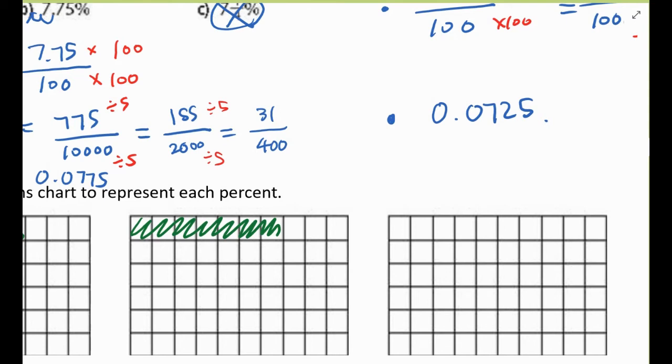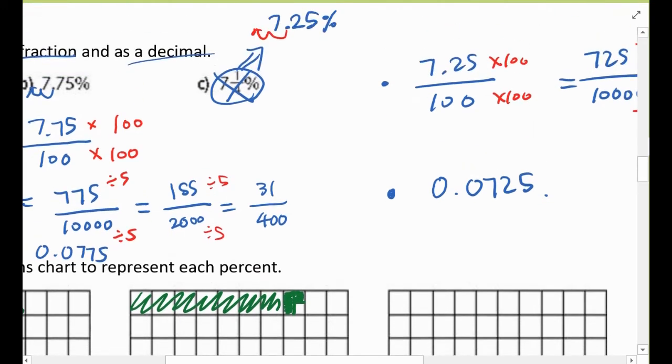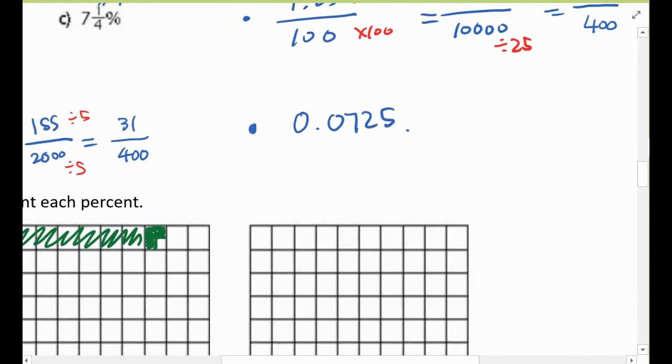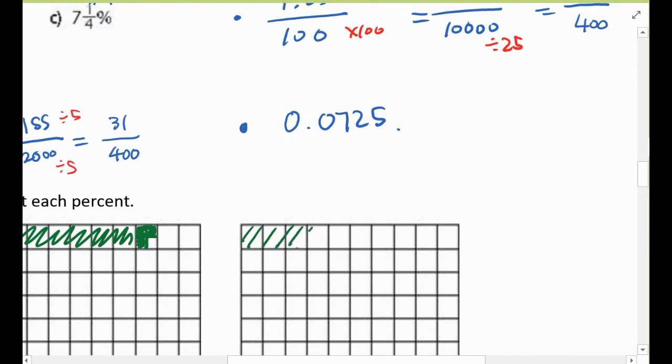So 0.75 is 3/4. So we're going to break this into 4 pieces, and we're going to shade 3 of them. Okay? And 7 1/4. You shade 7 squares and break the next one into 4 pieces, and you're going to shade 1 of them, 1/4. Okay?